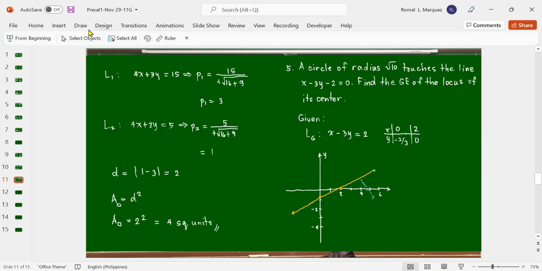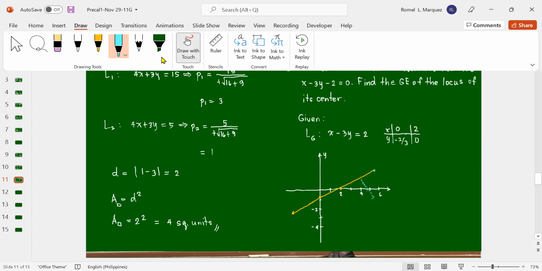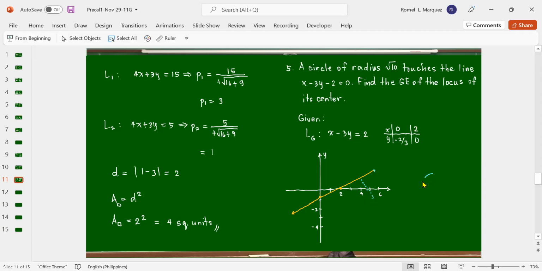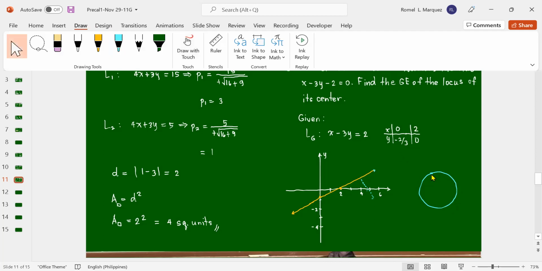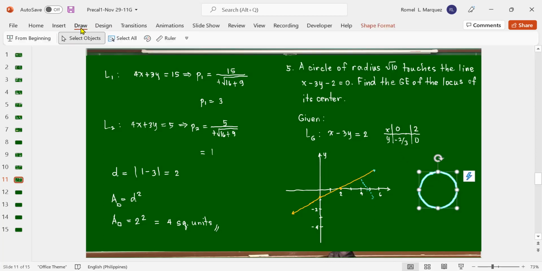So let me draw a circle. Let me first draw a circle, and let me convert that to a perfect one. Okay, touching the line. And then the radius is supposed to be what, guys?